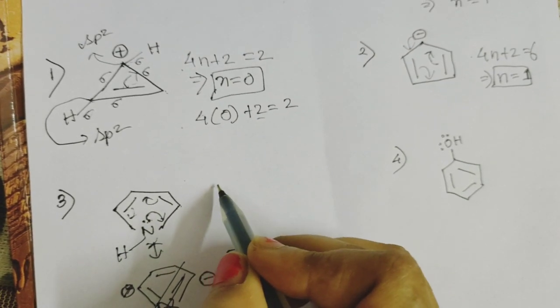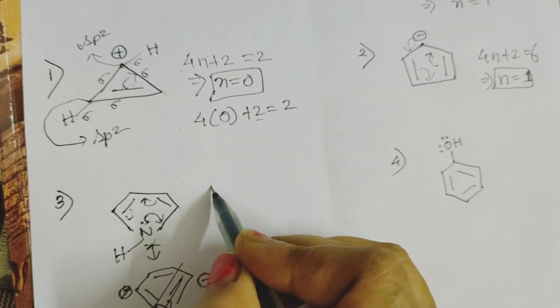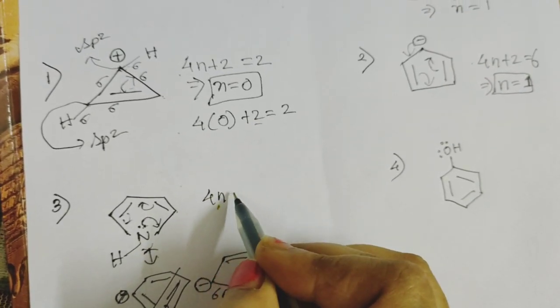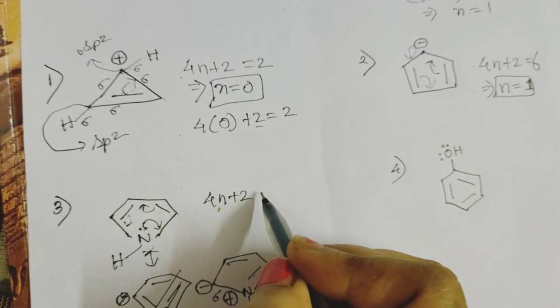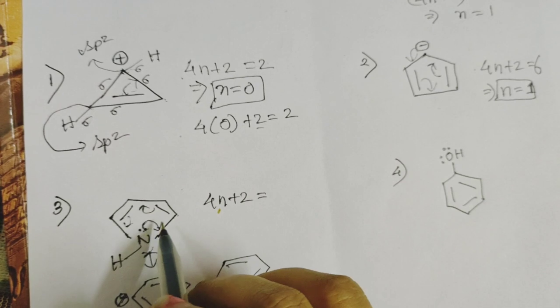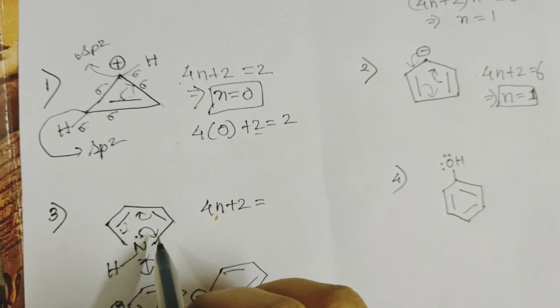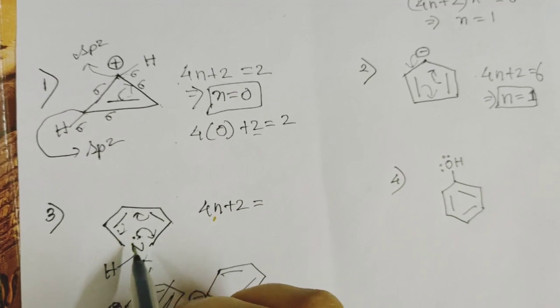So let's see whether it follows Huckel's rule or not. Let's put 4n plus 2 equals to how many pi electrons? These lone pairs are involved in resonance, so we would count them as pi electrons only.